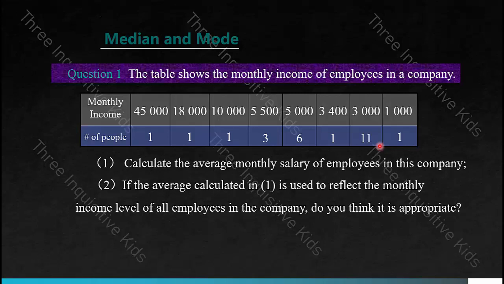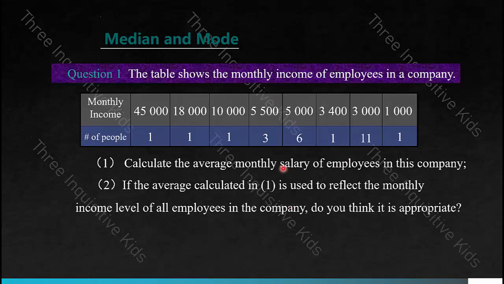The table shows the monthly income of employees in a company. Here we see a table. The top row is the monthly income, and the bottom is the number of people that have that monthly income. So one person has $45,000 per month, one person has $18,000 per month, and here, for example, 11 people have $3,000 per month.